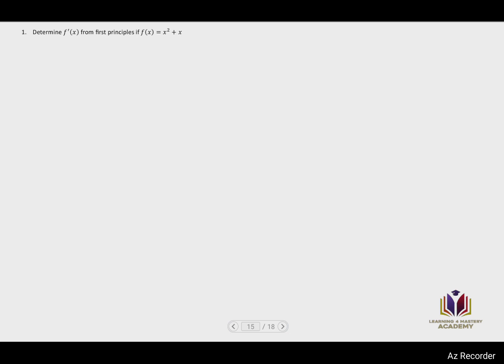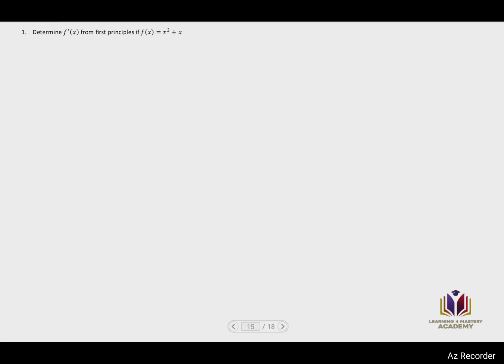So in this question that we are faced with, we're going to be looking at the first principle. The question says, find the first derivative from the first principle if the equation is f of x equals x squared plus x.